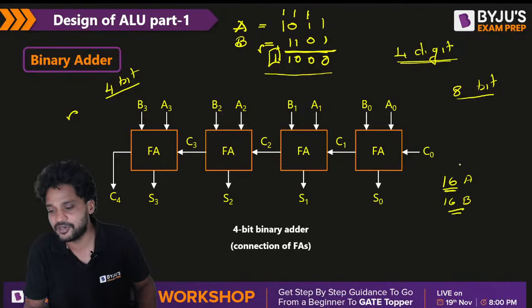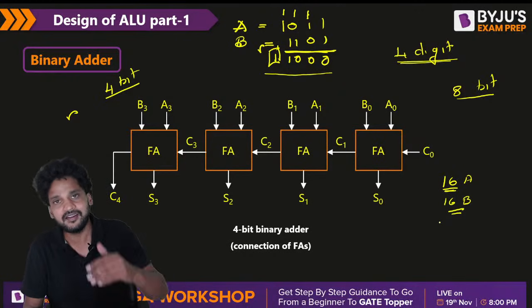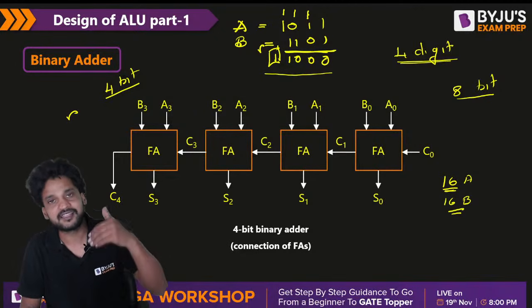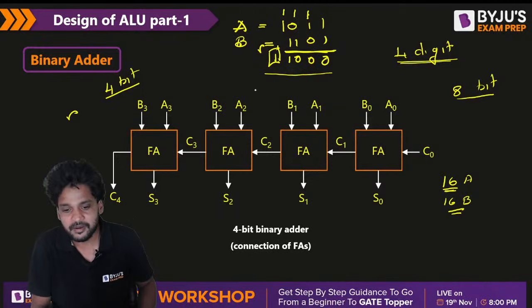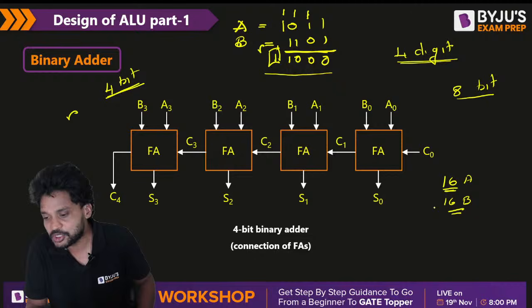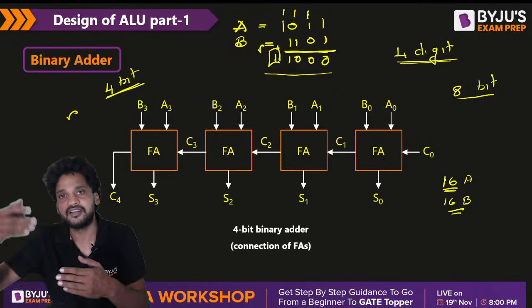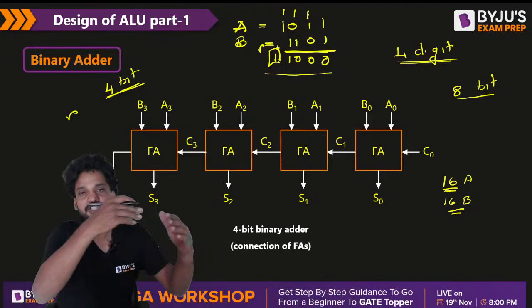Least significant 4 digits of A will be added to B in the first phase, the next 4 digits in the second phase, the next 4 in the third phase, and the next 4 in the fourth phase. So by using a 4-bit ALU, a 16-bit addition gets carried out in 4 phases.